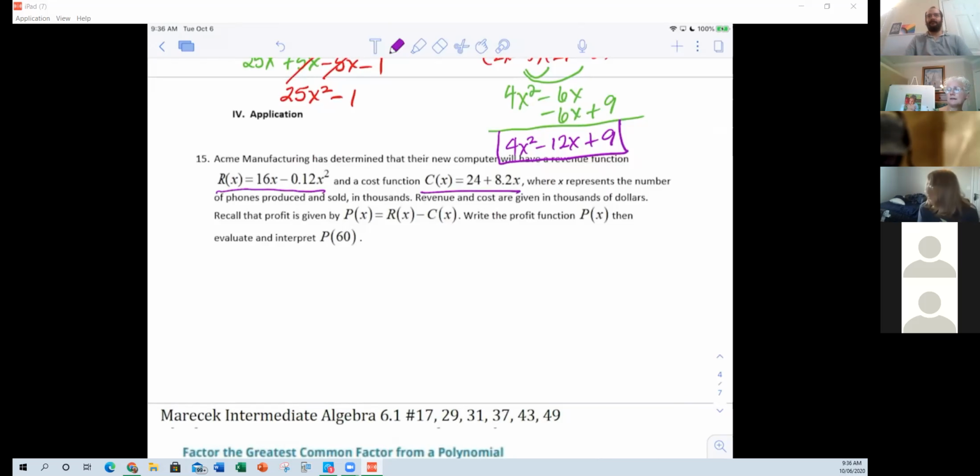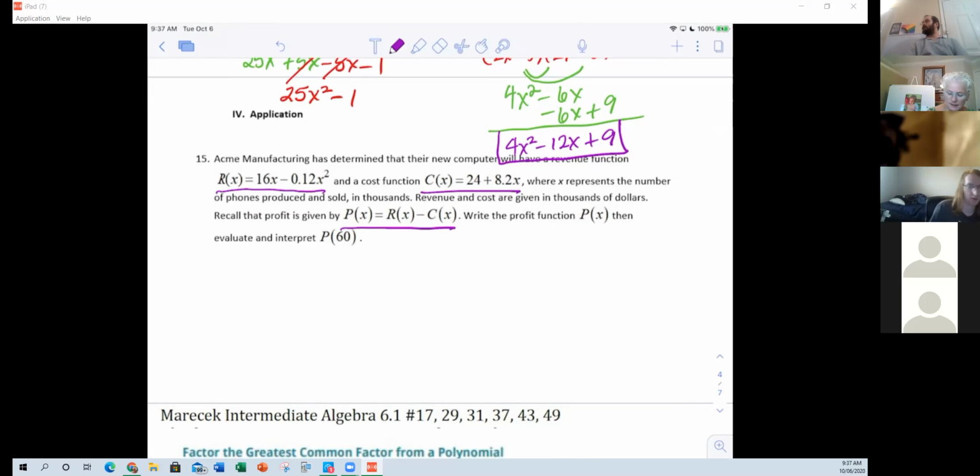The cost it takes to manufacture the computer is 24 plus 8.2x. So the profit would be whatever you're taking in, the revenue, minus whatever it takes to produce the computers, which is x.